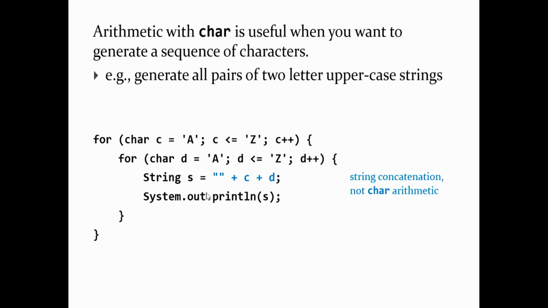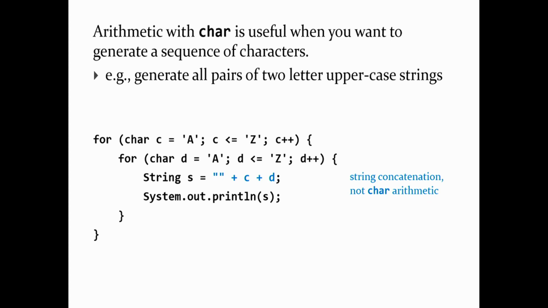Now, when Java sees a string plus something, Java takes the something, converts it to its string representation. So first time through the loop, it takes this char A and replaces it with the string A in this expression here. It now does a string plus a string, which is string concatenation in Java. So it joins the 2 strings together.